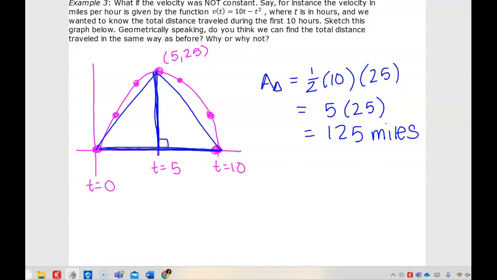So in calculus, that's our estimate. You can find the actual, what I hinted at on Wednesday, using something called an integral. You would integrate the function from 0 to 10, so your bounds of the base, and then you'd integrate your curve.